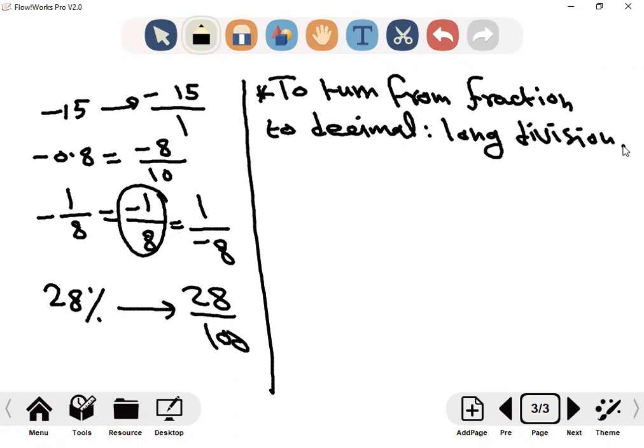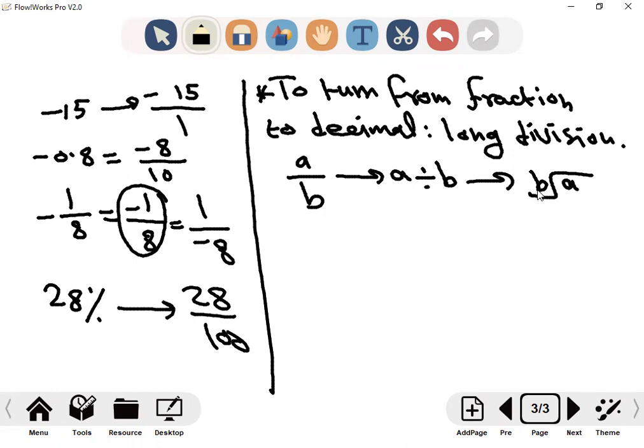Now, don't forget that a over b, which is the rational number, is the same as a divided by b, not b divided by a. They are different from each other. It is the same as a divided by b, if you want to use long division sometimes.